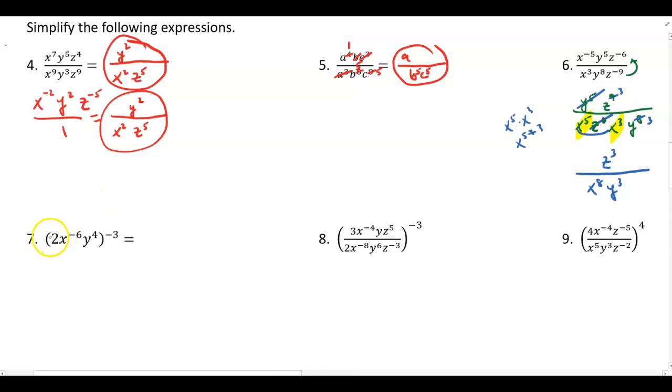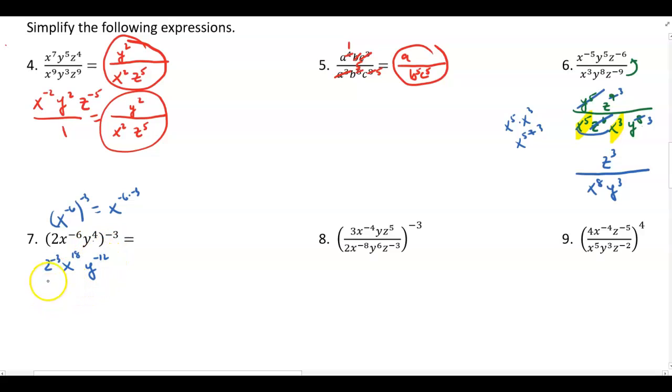Number 7, I'm going to raise everything to the negative 3 power. 2 to the negative 3. When I raise x to the negative 6 to the negative 3, when I multiply those exponents, it becomes positive 18. Then it's going to become y to the 4 times negative 3, which is negative 12.